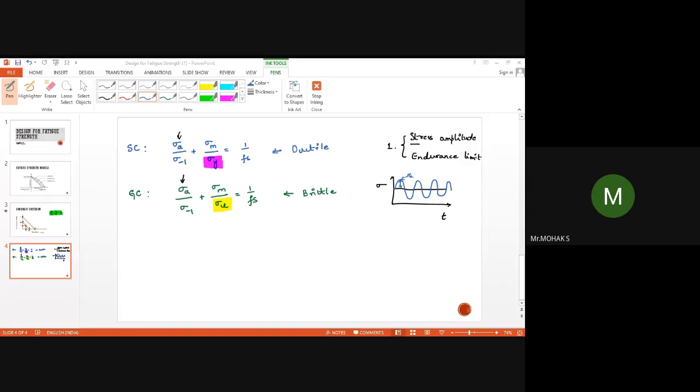Okay. So if it is a static stress, Srajan, will there be any stress amplitude? Mohak? Yes, sir.